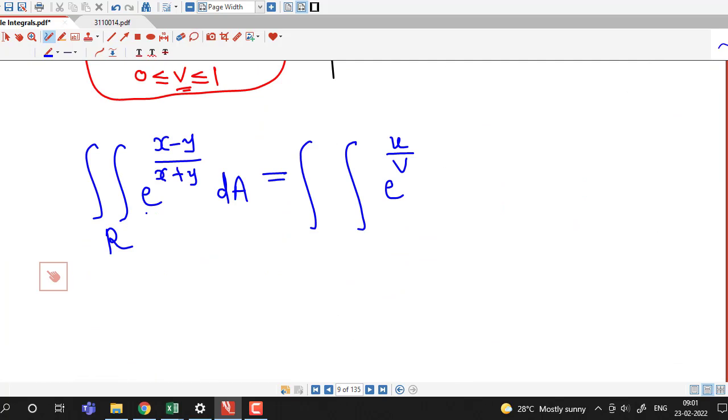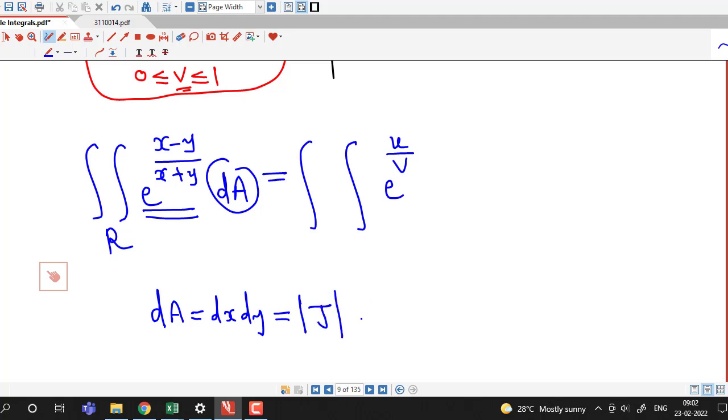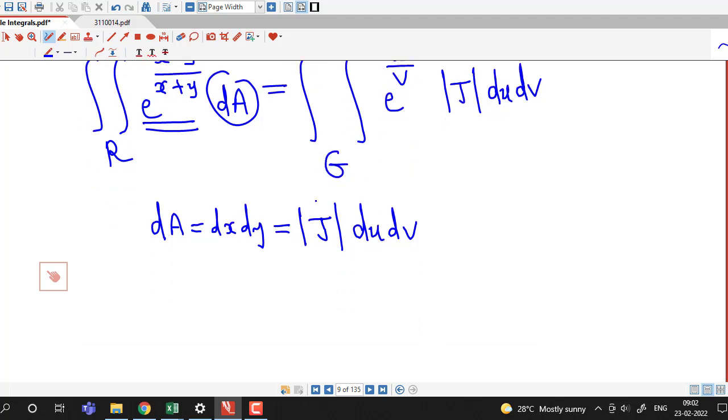So the function is converted in terms of u and v. dA, that is either dx dy or dy dx, is going to be the absolute value of the Jacobian times du dv. So we write here the absolute value of the Jacobian. Don't forget to write down this absolute value of the Jacobian, integration with respect to u and v over the region G in the UV plane.